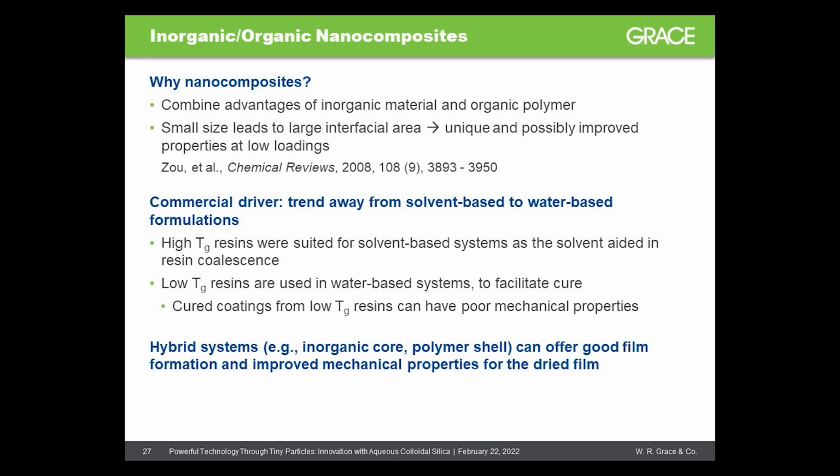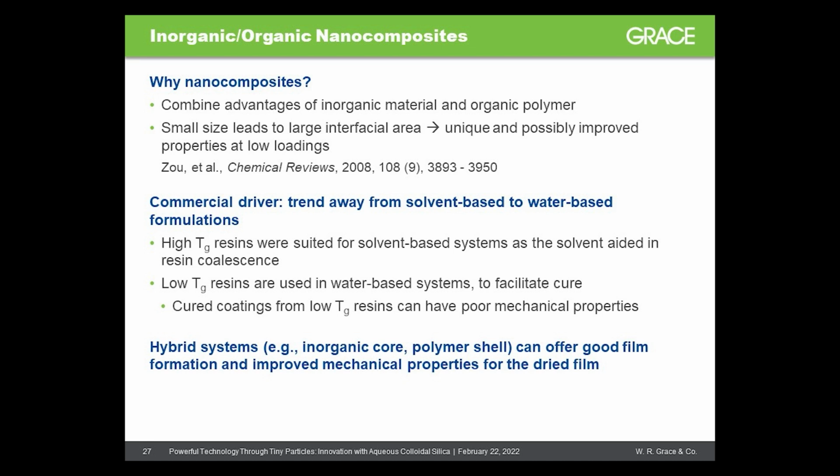The small size of the colloidal particles creates a large interfacial area even at low particle loadings, and the properties of the interfacial area can be unique and can confer on the whole system very useful advantages.